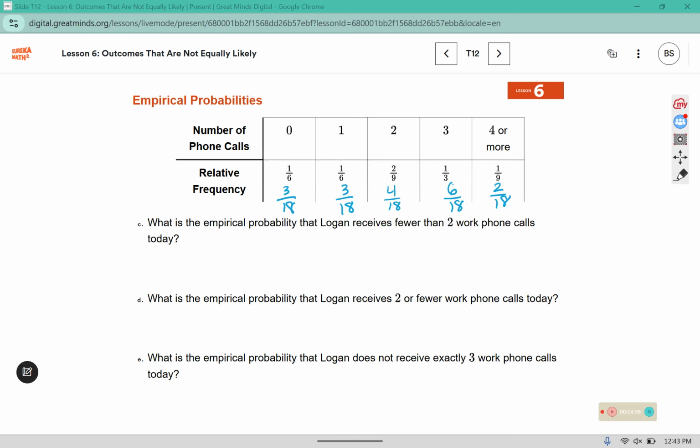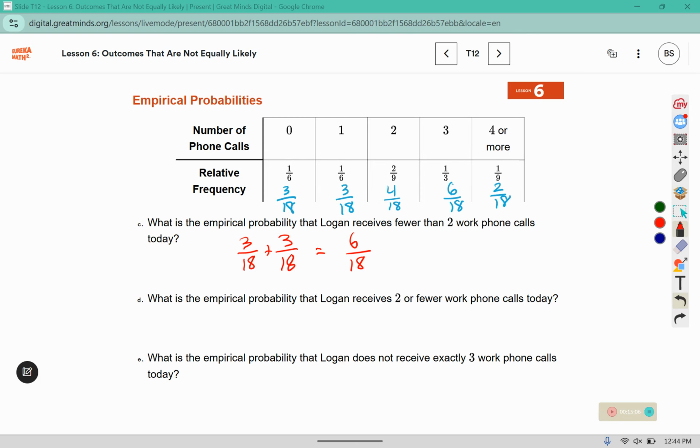What is the empirical probability that he receives fewer than 2 work phone calls? So fewer than 2 is 1 or less, which is 6/18, or you can think of it as 2/6 if you left them as sixths, or 1/3 if you reduced that.